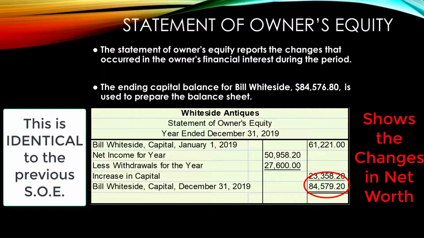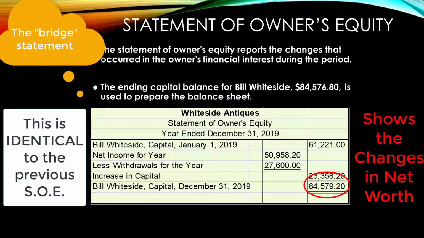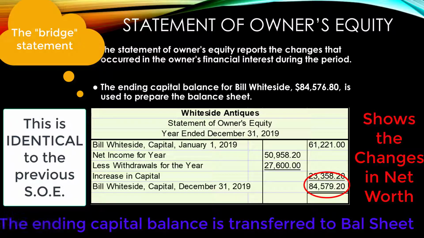As you already know, the statement of owner's equity reports the changes that occurred in the owner's financial interest during the period. In this case, you can see that the owner, Bill Whiteside, increased his capital balance from approximately $61,000 at the start of the period to over $84,000 by the end of the period. This is still called the bridge statement, as that ending capital balance will transfer over to the balance sheet.